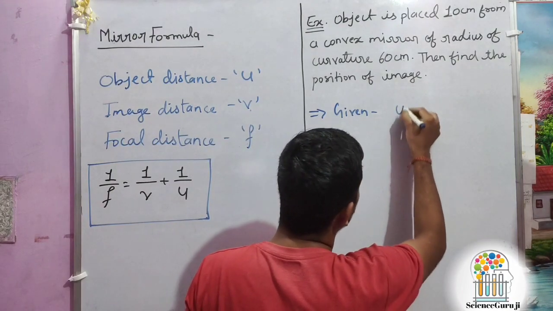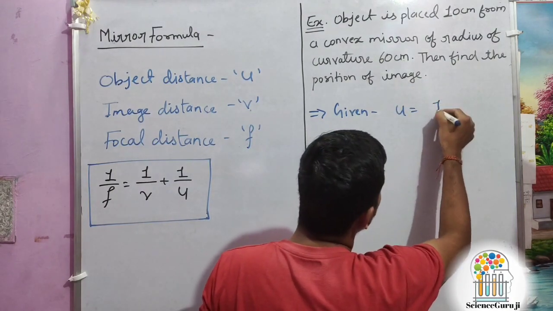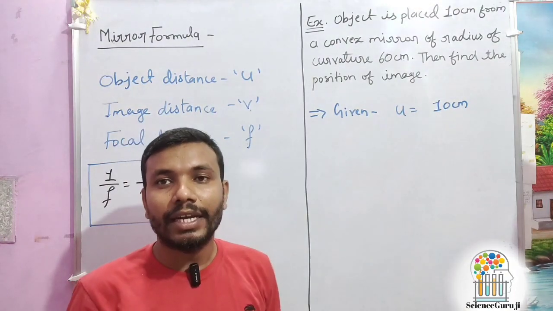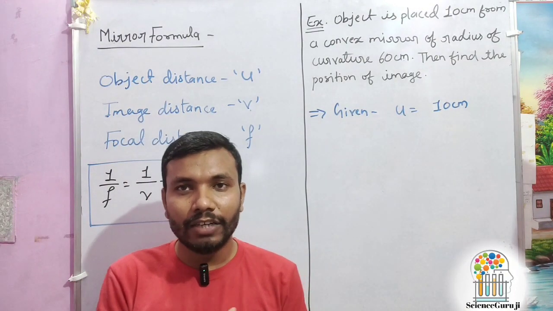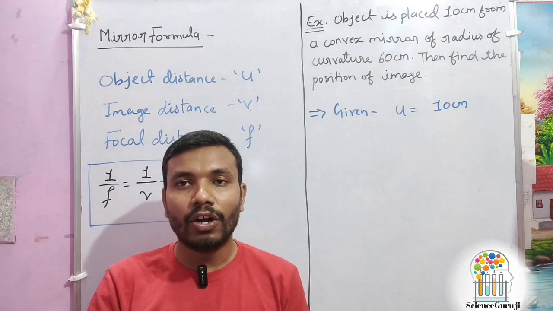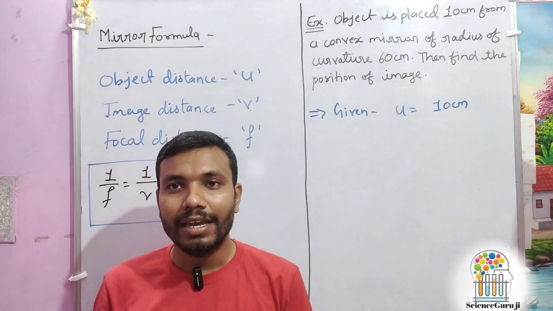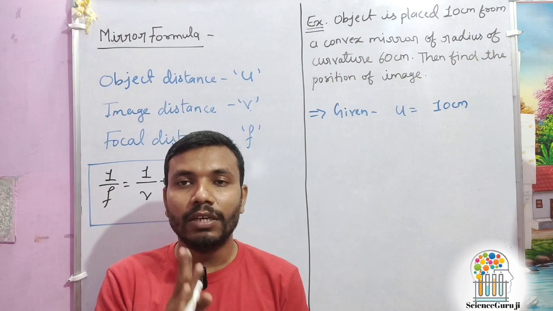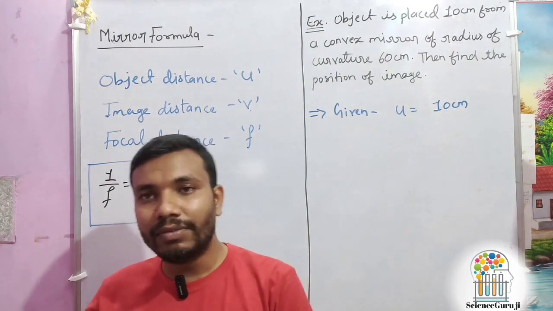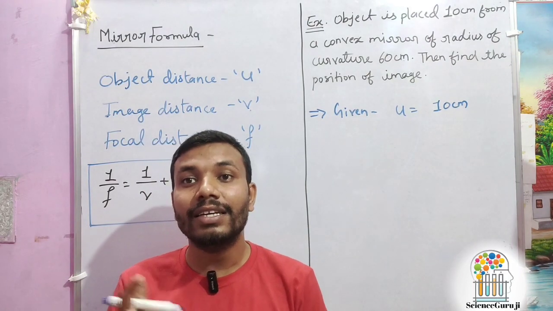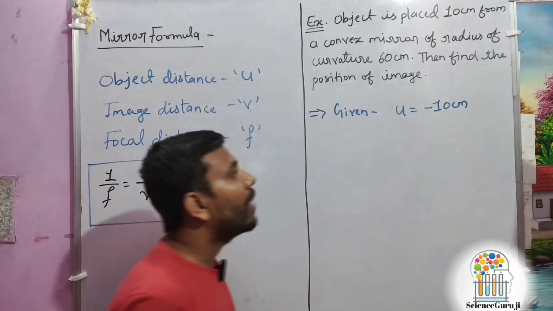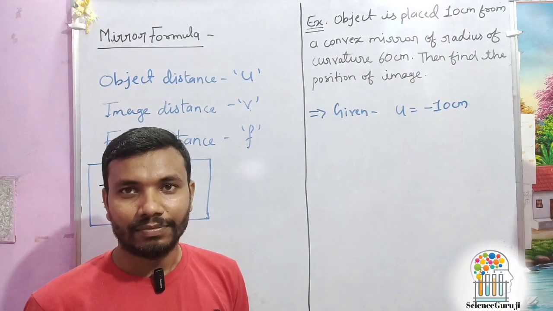So u is equal to 10 centimeter. But remember what I told in the sign convention: the object is always placed on the left side, and the distance from the pole to the left side is always taken as negative. That's why we use the sign here: u = -10 centimeter.